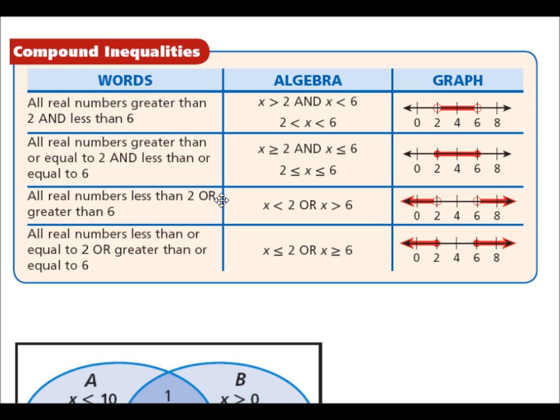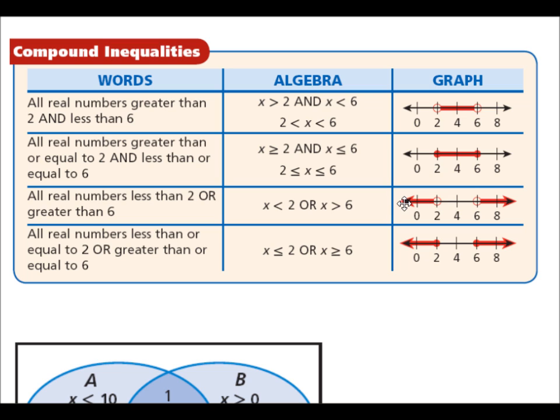All real numbers less than 2 or greater than 6. So less than 2 or greater than 6, it does not say equal to. That means 2 and 6 are exclusive, so there won't be any dot. It should be open-ended. That means x is less than 2 but not including 2, and x is greater than 6 but not including 6.